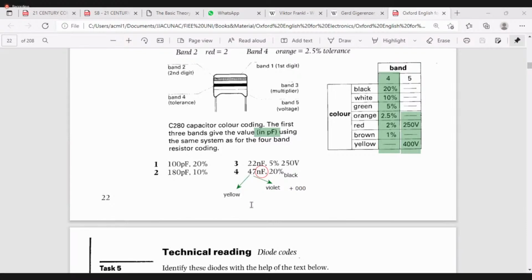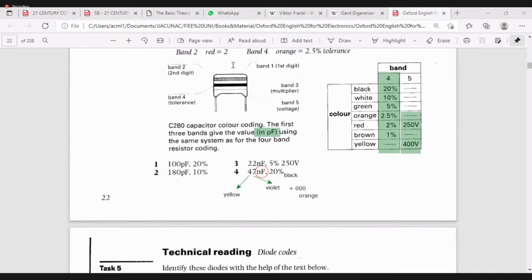If you multiply minus 12 with plus 3, you obtain minus 9, the nanofarad that we need. So the color bands for this value would be yellow, violet, orange for 3, and black.